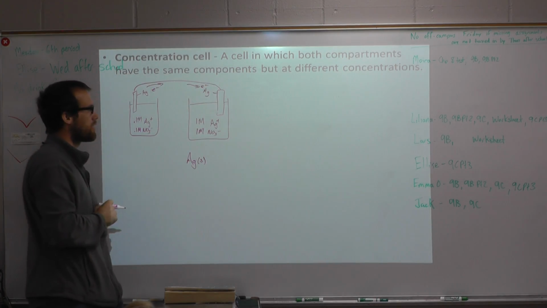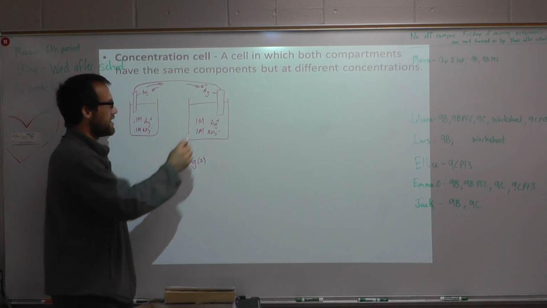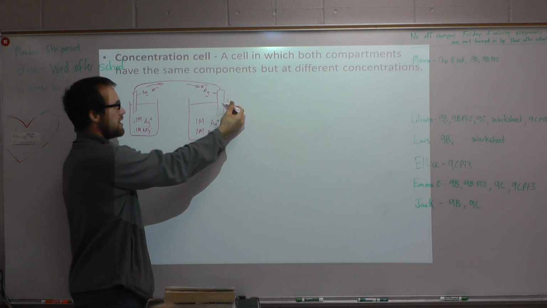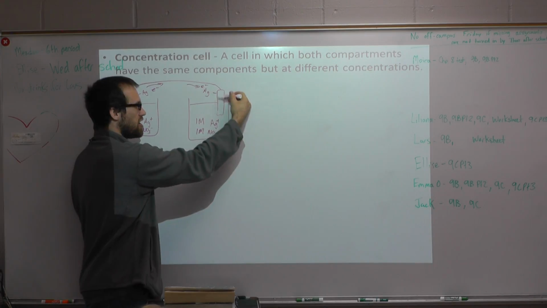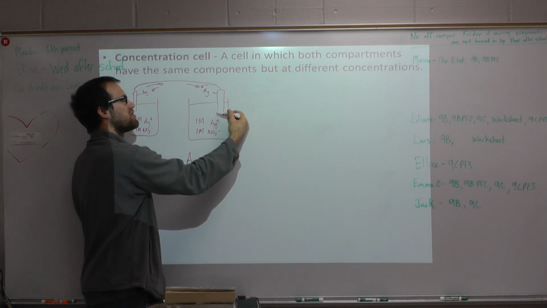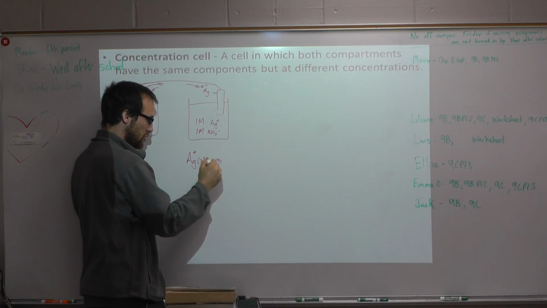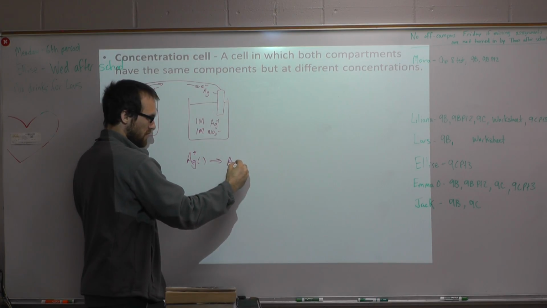As electrons go this way, the plate here gets charged. The silver ions in solution will start to attach to the plate, going from Ag+ to Ag solid.